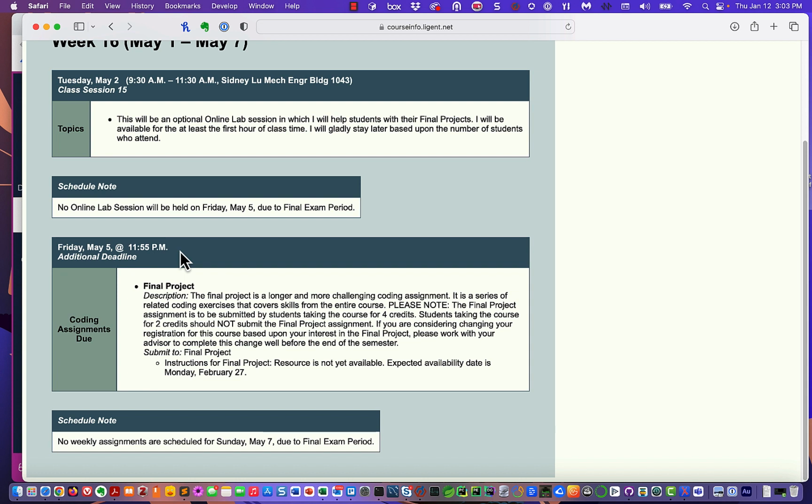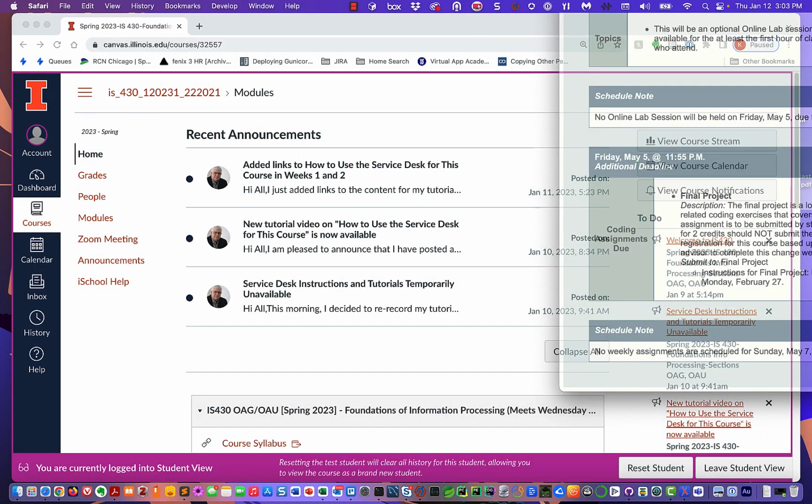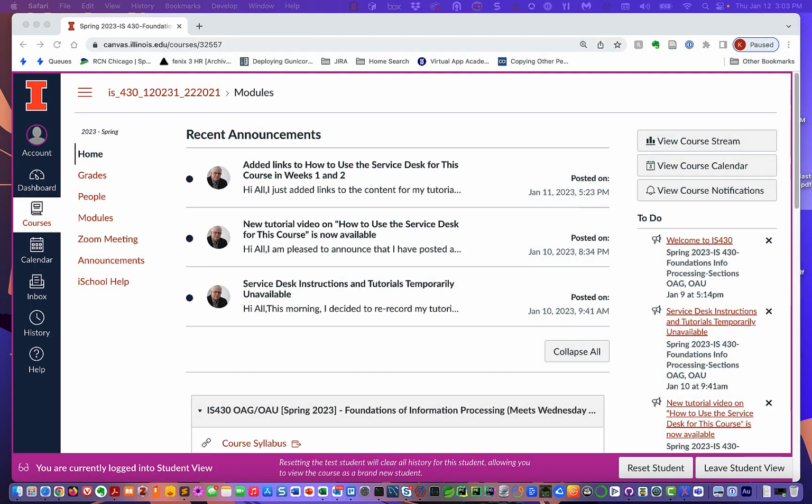So those last 3 weeks, 14, 15, and 16, are for the 4 credit people. The 2 credit people have already left the building after week 13. That's what's in the course, and that's how it's organized.